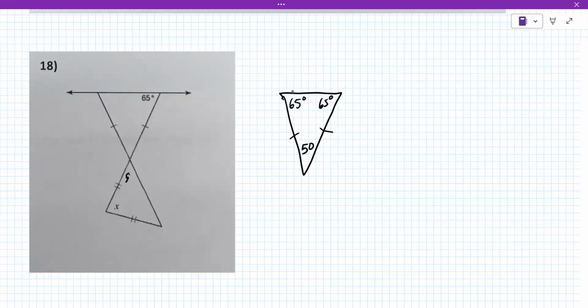And that means that it's 50 in this other triangle. The other triangle is drawn a little oddly, but it's still isosceles. The two congruences tell you that the base angles are the same. And one base angle is 50 and 50. And that allows you to find that missing angle X.